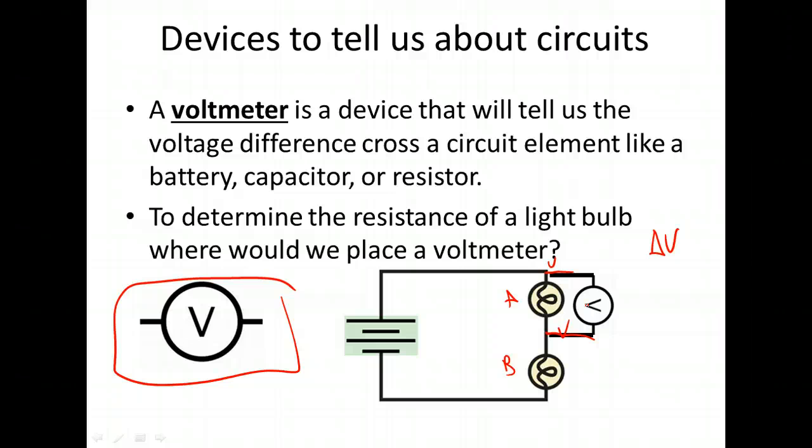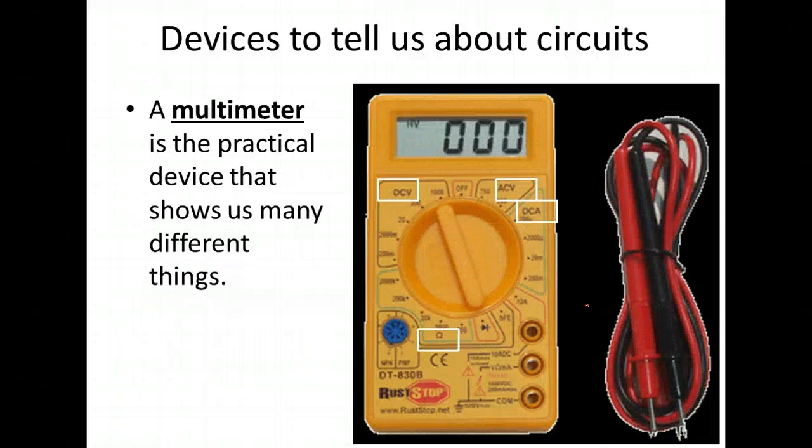Voltmeters and ammeters are frankly kind of old devices because in modern times we have what we used the other day, which is a multimeter, which can kind of do it all. And so this little thing down here, what do you think that measures? The unit is ohms. Yeah, and so I can measure the resistance of something when I change it to measure resistance. What about DCA? Do you guys know what DC stands for?